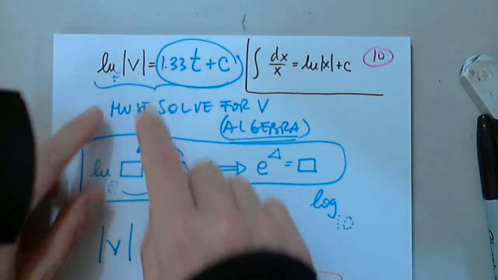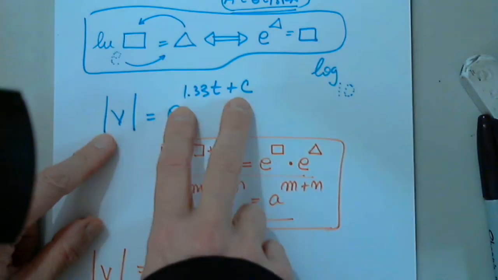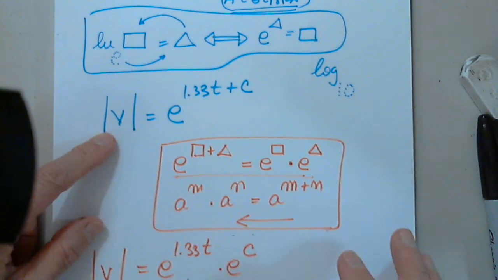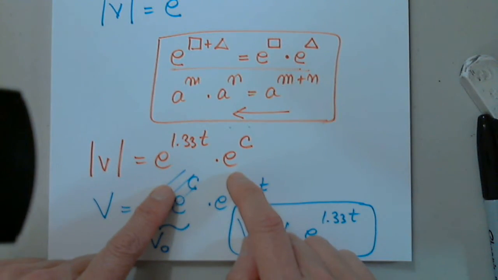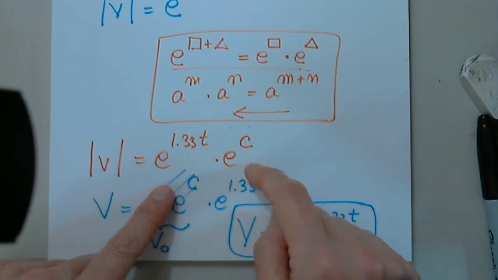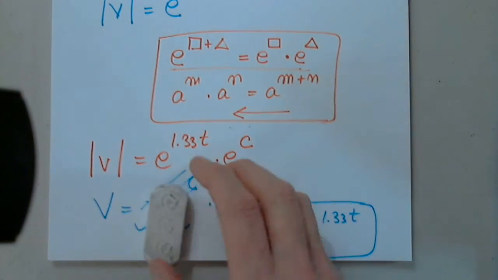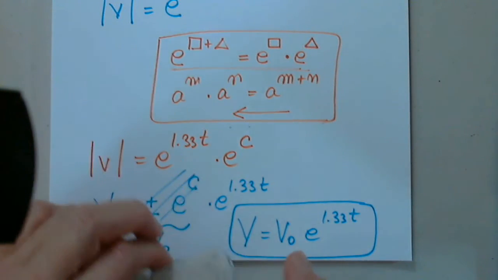E raised to this is the absolute value of v. Then again, we had to talk about the product rule that adds the exponents. Then we applied this product rule reversed. And then we said, okay, this is all a constant. Who cares? Let's denote it by something. And we did. And this is the answer.